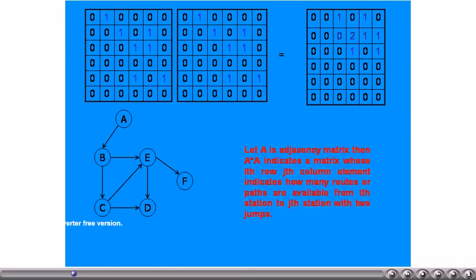We can verify in the graph, via C there is one route with two jumps, via E also another route. Thus, the number 2 indicates that there exist two routes. We can verify the same from the graph.